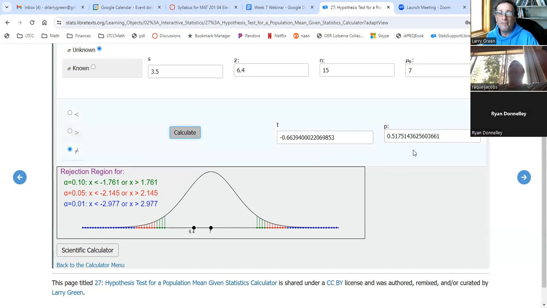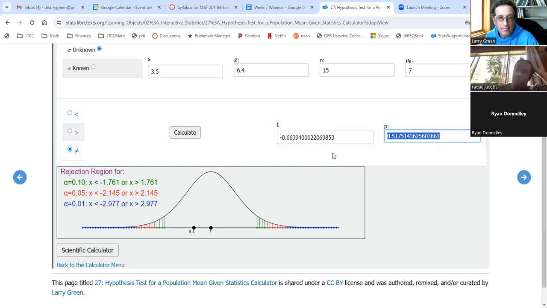So our p-value, what's important about this p-value? Yeah, it's really high, 0.51. That's a really high p-value.